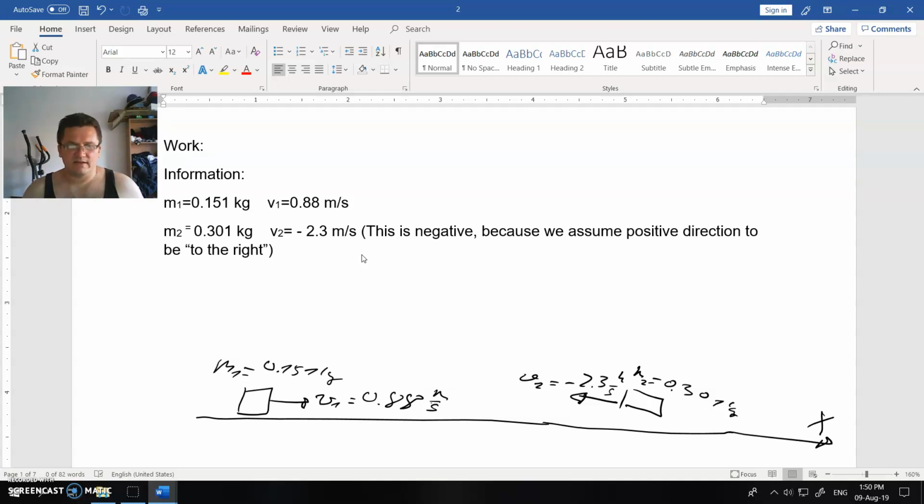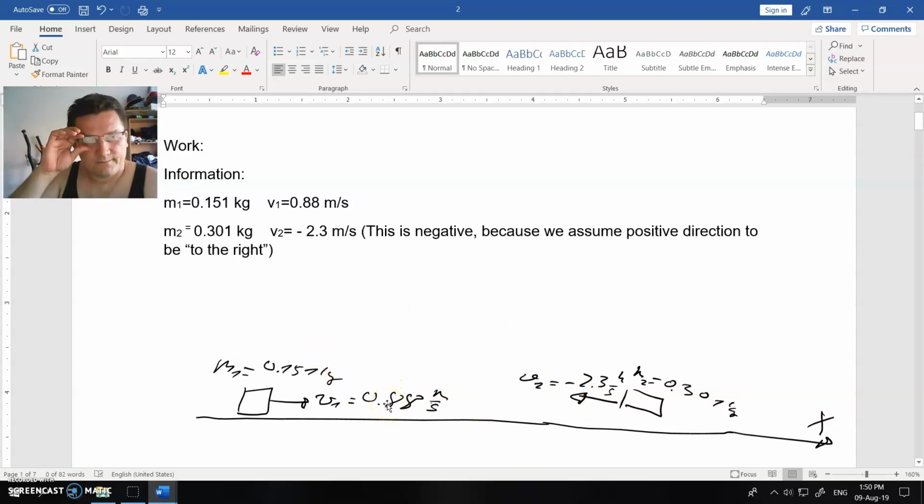If the speed is positive, it moves in the direction of the x-axis. If the speed is negative, it moves in the opposite direction. Whatever moves left, we note like this, and whatever moves right, we note like this.